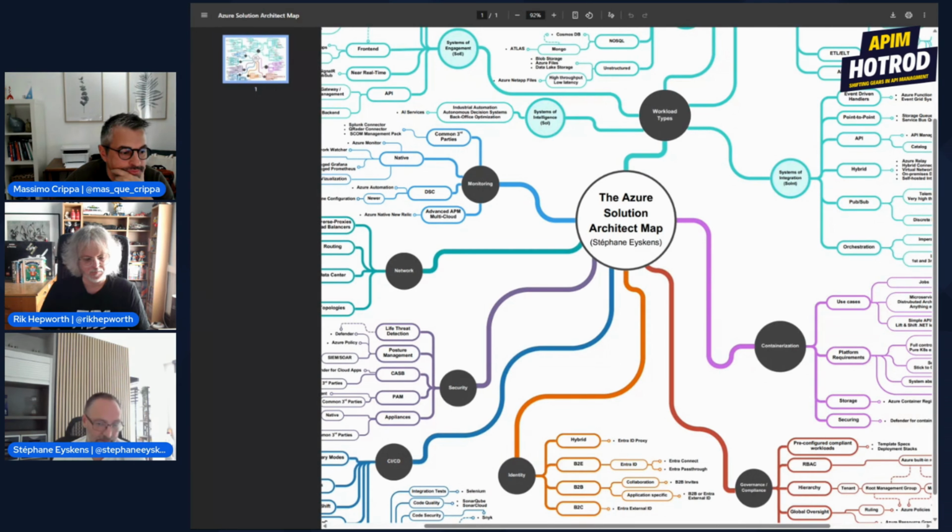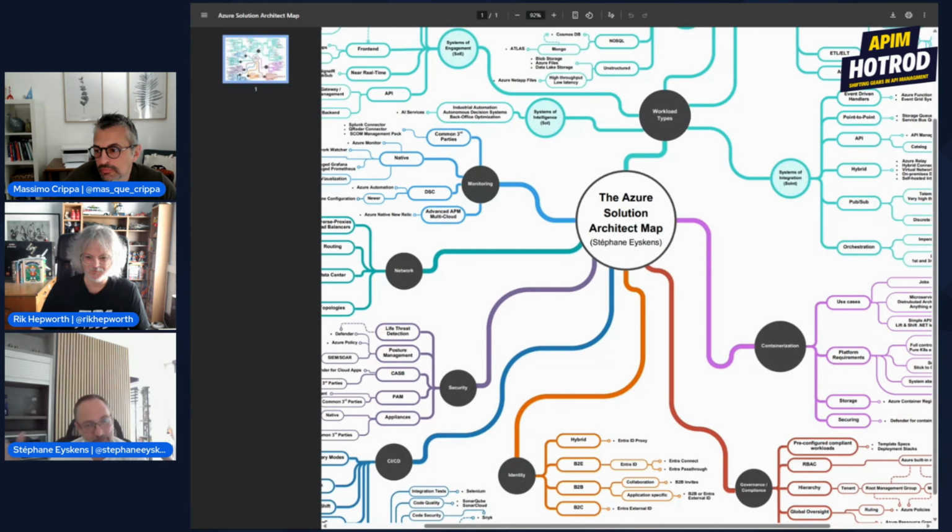And that's a bit the goal of this. It's still a bit high level in this one, right? Because we cannot deep dive into each and every vertical of Azure from a single map. Otherwise, that map would be huge and unreadable. You would need an entire wall to print it.